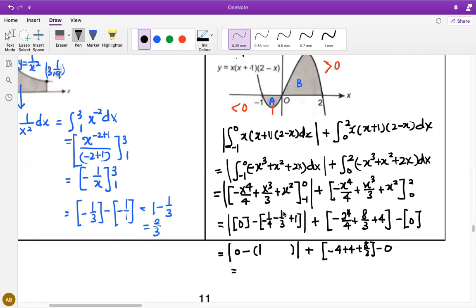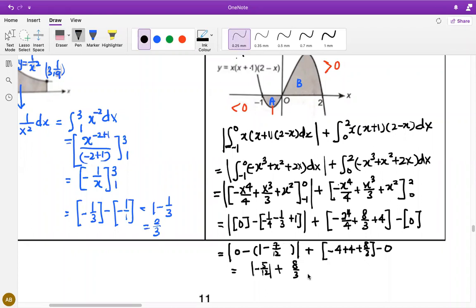So this part you get 7 over 12, right? So minus 7 over 12, and you get 5 over 12, so you will get -5 over 12. And then you plus 8 over 3. So no modulus now.